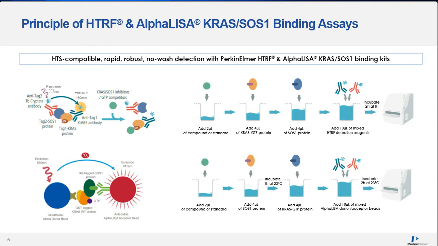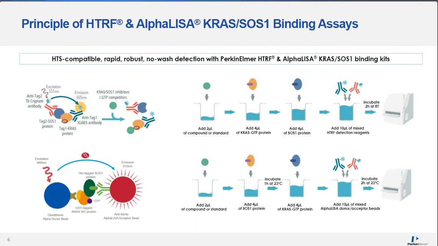Available in both AlphaLISA and HTRF technologies, these kits come with detection reagents, assay buffers, tagged recombinant proteins, and optimized technical procedure to perform the assays with no optimization necessary, and robust validations with compounds of reference to bind KRAS wild type, KRAS G12C as mutant, and SOS1.